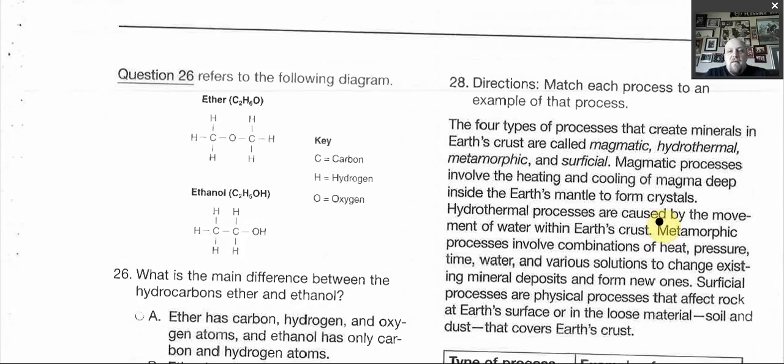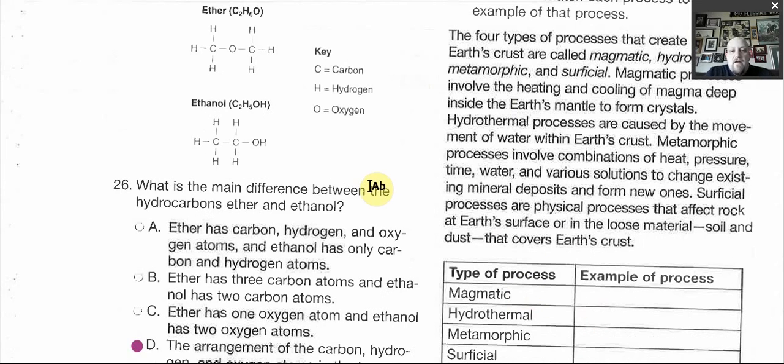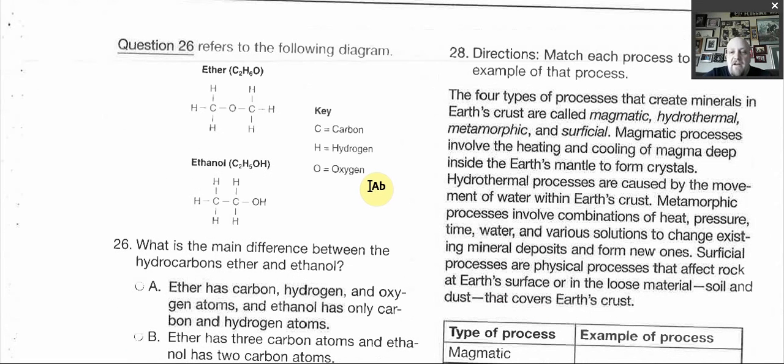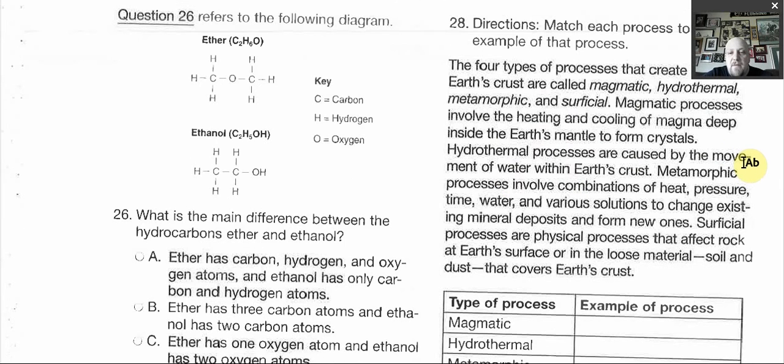So, match each process to an example of that process. This is another fill in the little things here. So, 4 types of processes that create minerals in the Earth's crust are magmatic, hydrothermal, metamorphic, and superficial. Magmatic processes involve the heating and cooling of magma deep inside the Earth's mantle to form crystals.